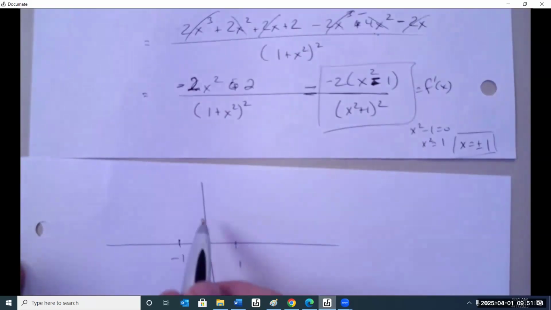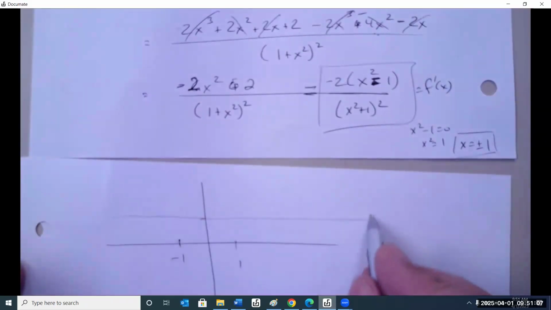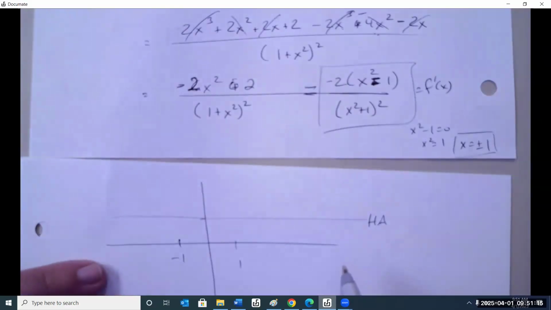We have a horizontal asymptote at 1. So there's going to be a vertex here, a vertex here.